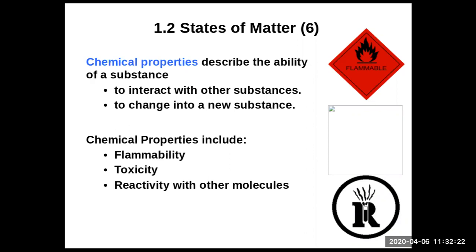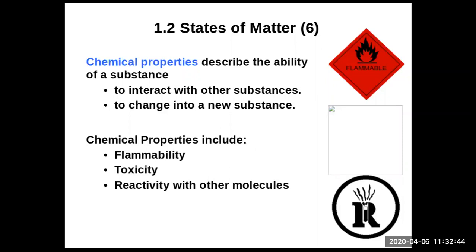And when a liquid burns, it's getting transformed into new substances, and you're using it and decomposing it into something different. So flammability is a chemical property because of that.